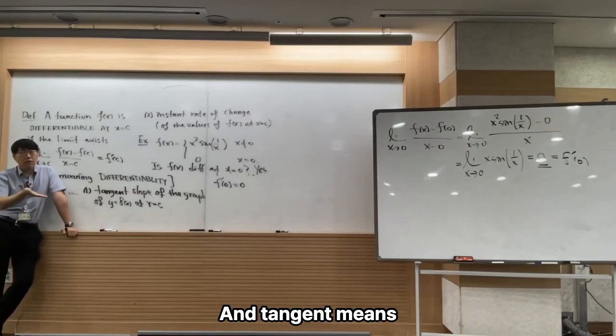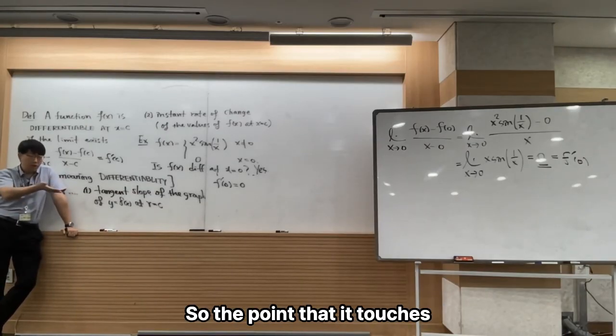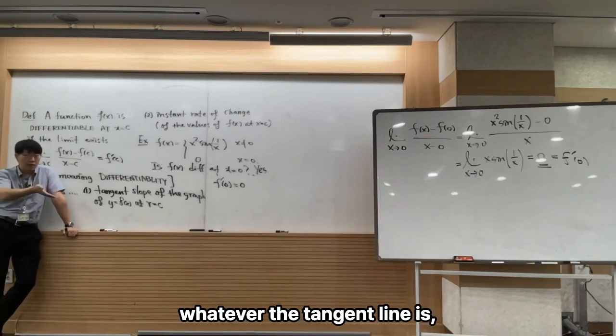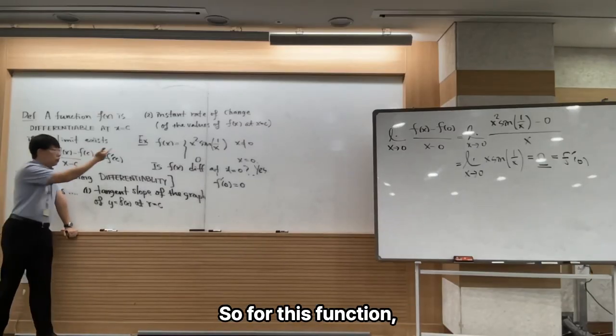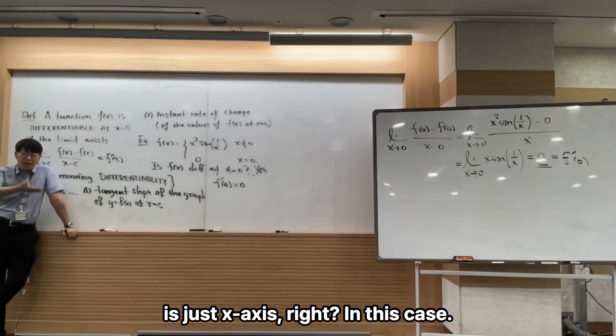And tangent means that it touches the point, right? So the point that it touches has to be the origin, and the slope of that line, whatever the tangent line is, has to be 0. That means it's just the x-axis, right? So for this function, the tangent line is just the x-axis.